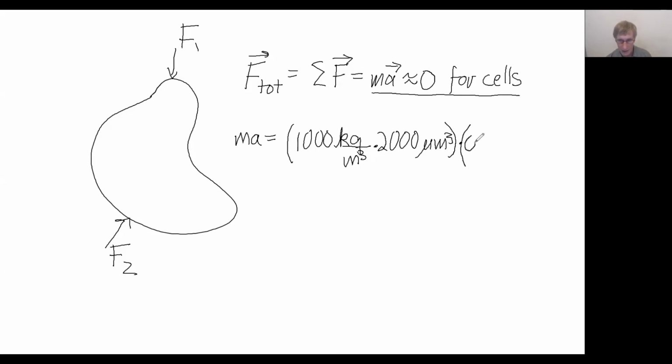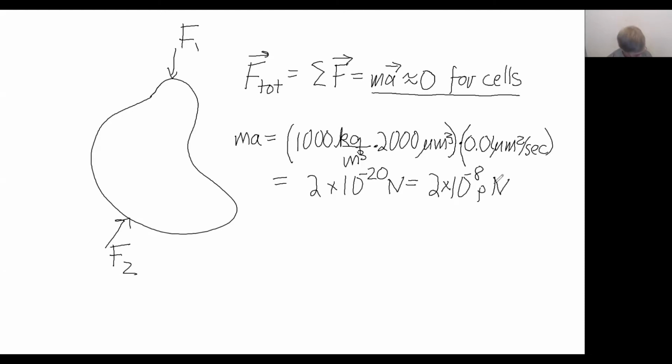So that would give an acceleration of 0.01 microns per second squared. And that is 2 times 10 to the minus 20 newtons, an astronomically small number, or 2 times 10 to the minus 8 piconewtons. By comparison, these individual forces are on the order of nanonewtons or 1,000 piconewtons or more. So this is way smaller than the magnitudes of the individual forces.